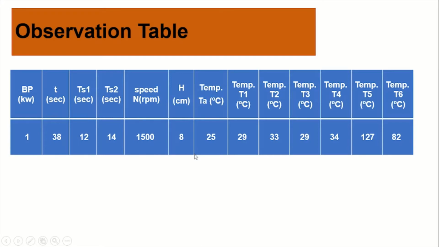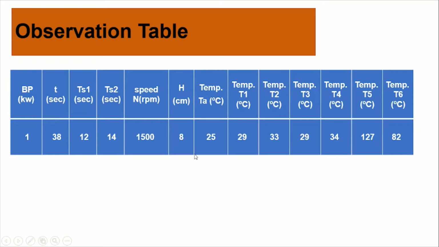Speed measurement by the tachometer is 1500 rpm. Here the manometer difference for the airbox method is 8 cm. Ambient temperature is 25 degrees Celsius. T1, the water inlet temperature in the water jacket, is 29 degrees Celsius and the outlet temperature is 33 degrees Celsius.